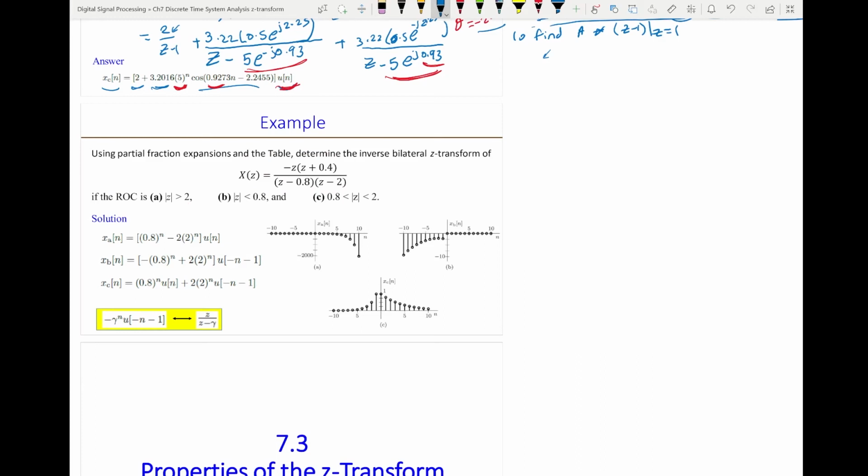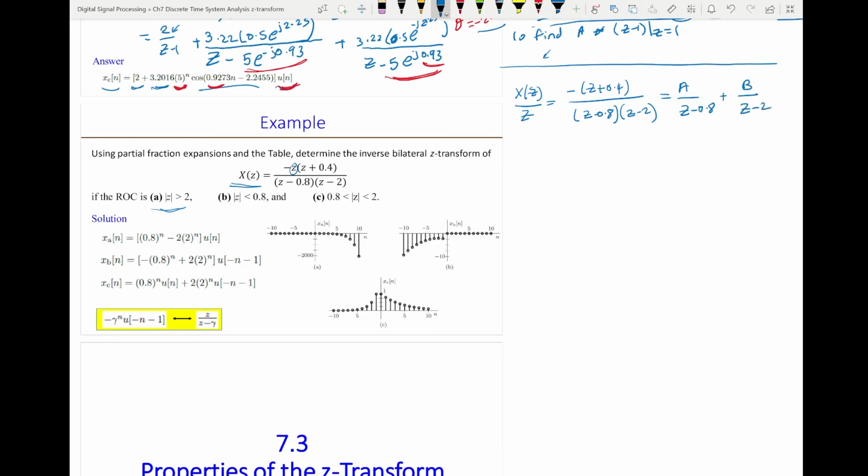So let's first find the inverse z transform for a region of convergence z larger than 2. First step, bring this under X of z. Then express this one as A over z minus 0.8 plus B over z minus 2.